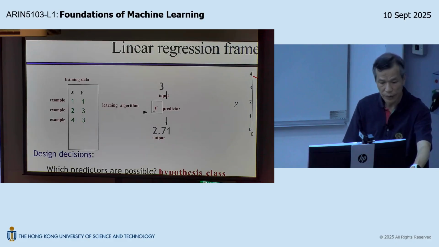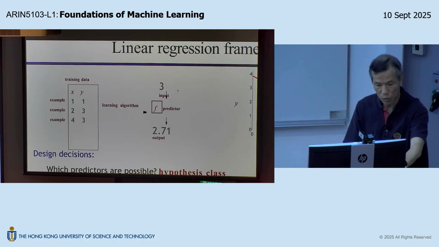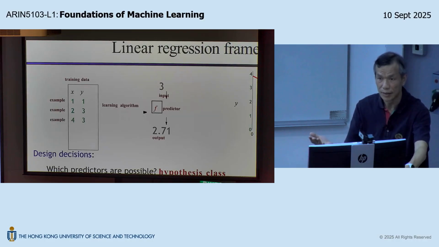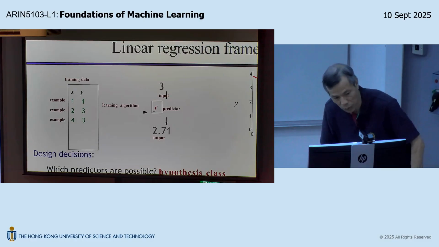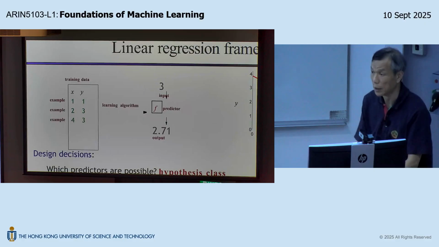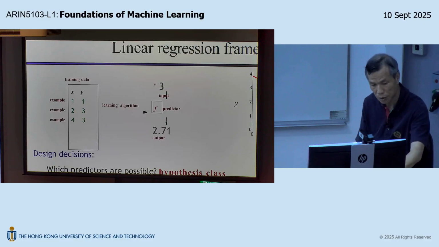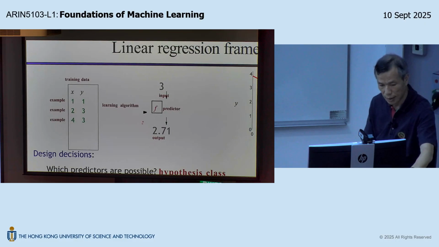However, if you ask the database what is the output when x is equal to 3, the database will say record not found, because there is no x equals 3 here. So this is the difference between a database and machine learning. We want to have predictive power. You show me new inputs, and I will be able to tell you the corresponding output.